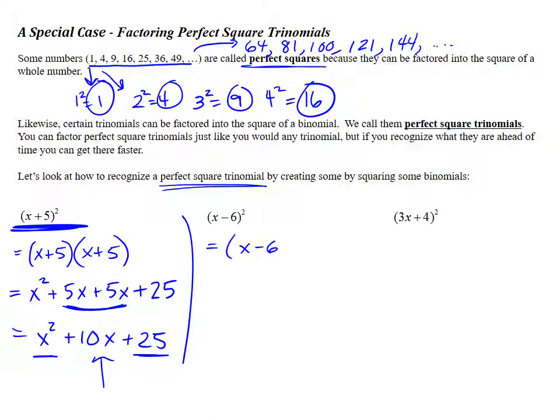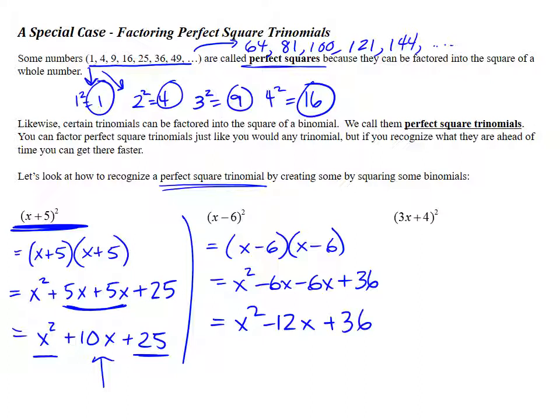Let's do this again with the next example. X minus 6 squared would be x minus 6 times x minus 6. FOILing that out, we get x squared minus 6x minus 6x plus 36. So that's x squared minus 12x plus 36. Once again, you get that x squared. Negative 6 squared is the 36, but then you've got that middle term, which comes from FOILing out the square.